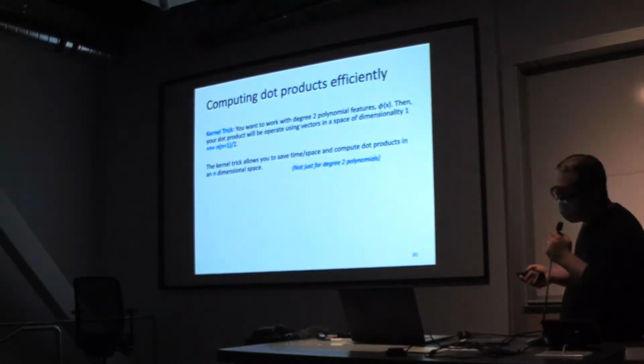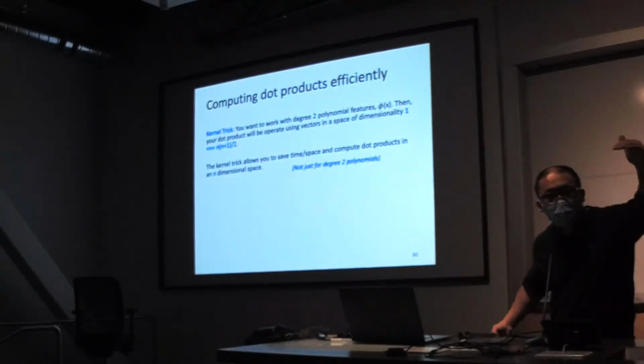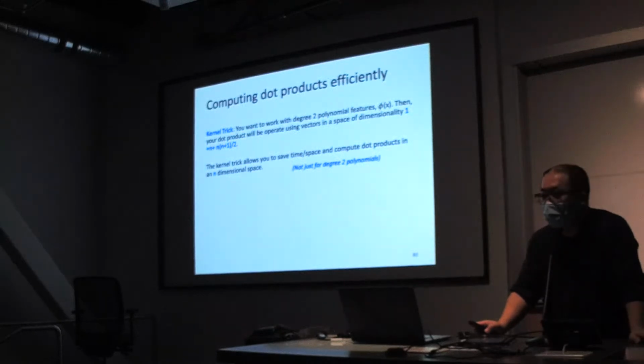So, of course, if you don't use the kernel trick and directly compute this feature mapping, the time complexity will be n squared, and also the space complexity n squared, because you have to store such a long mapped feature vector.